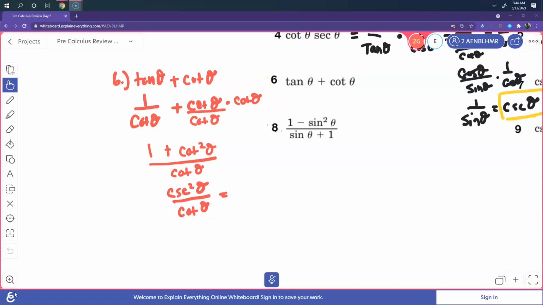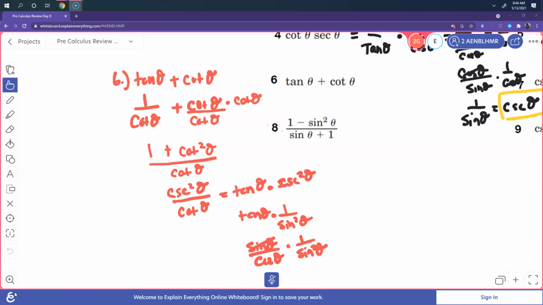So what I'm going to do is 1 over cotangent theta is tangent theta times cosecant squared theta. What I'm going to do next is make cosecant squared theta into sine, because the reciprocal of cosecant squared theta is 1 over sine squared theta. Remember that tangent theta is sine theta over cosine theta times 1 over sine squared theta.